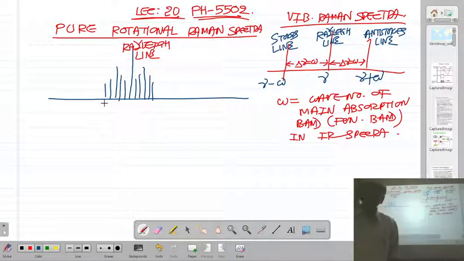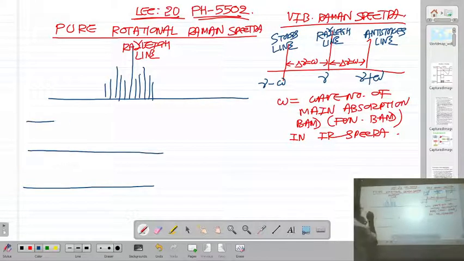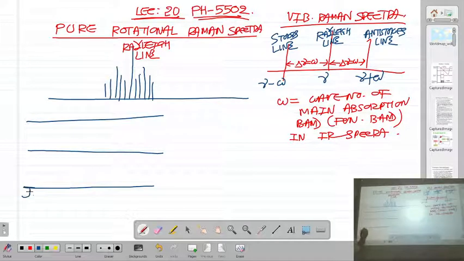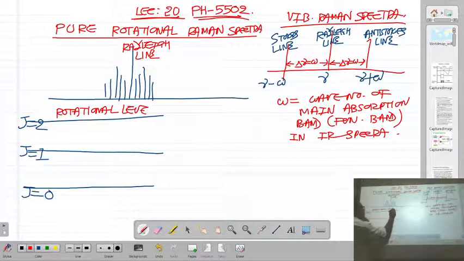Okay. So the rotational Raman spectra arises due to the transition of the molecule. Suppose I show different rotational levels, J is equal to 0, J is equal to 1, J is equal to 2. So these are the rotational levels. For the lowest rotational level, the rotational quantum number J is 0.